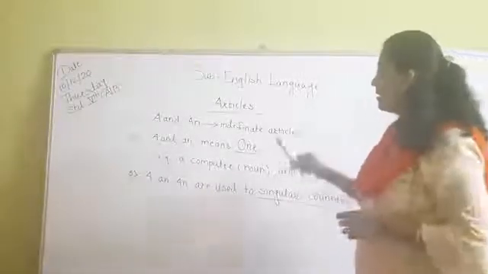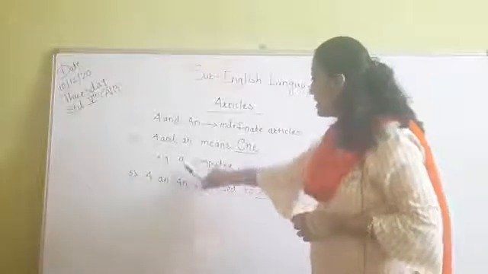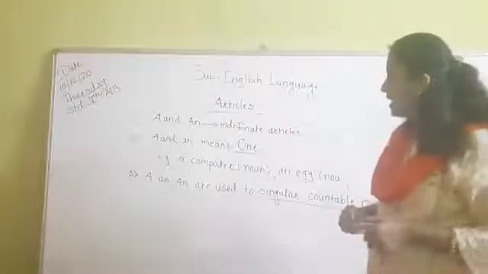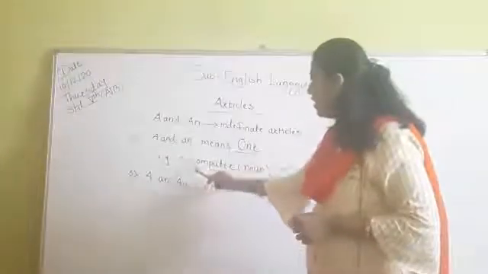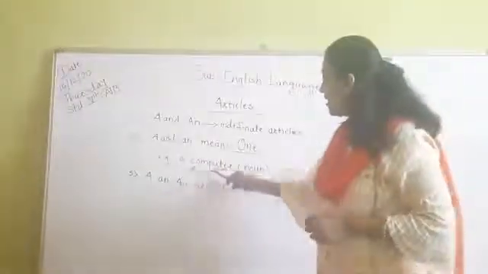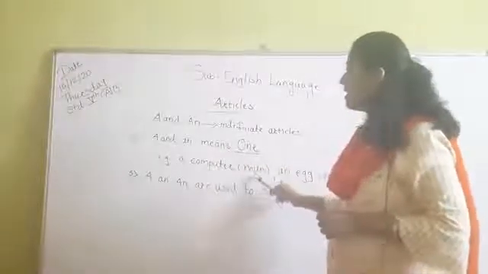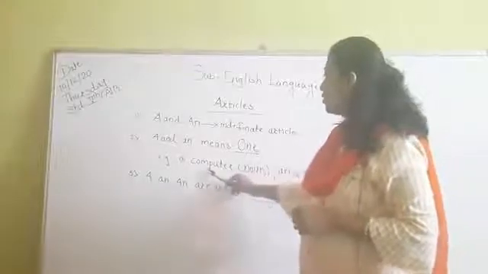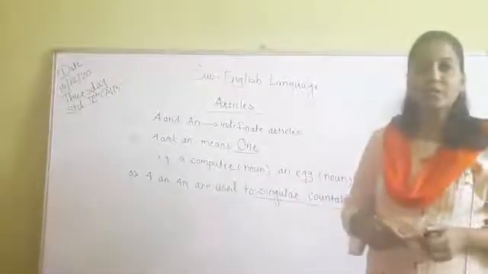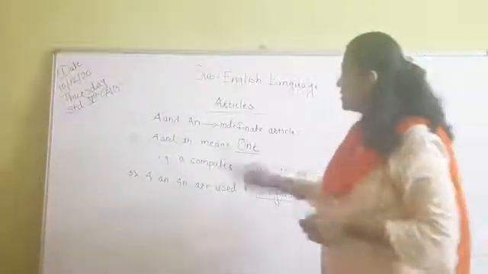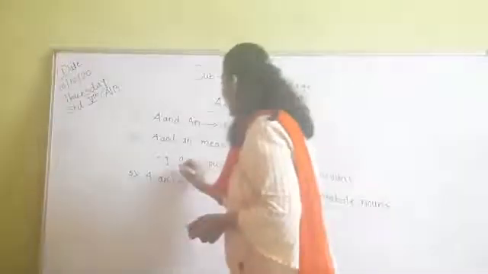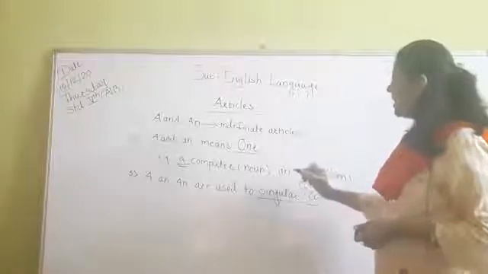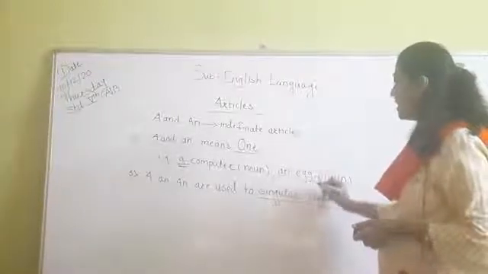For example, a computer. Please pay attention over here. I am talking about a computer. Computer is a noun here, and we are talking about one computer, so we have used a computer.